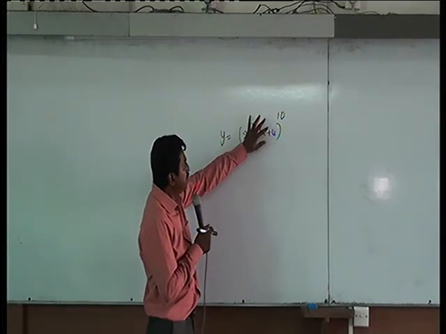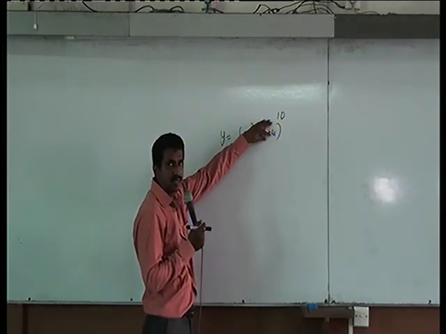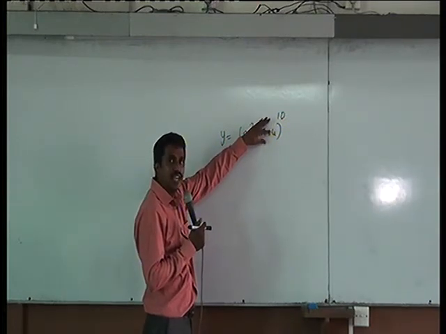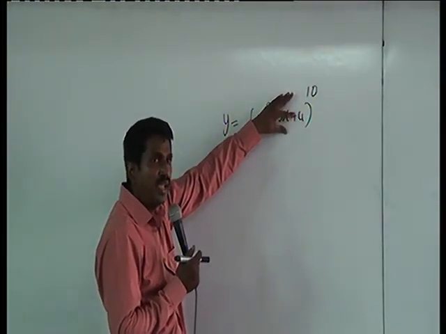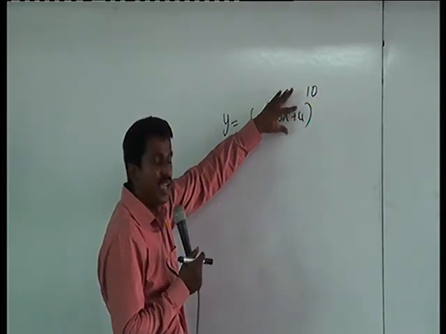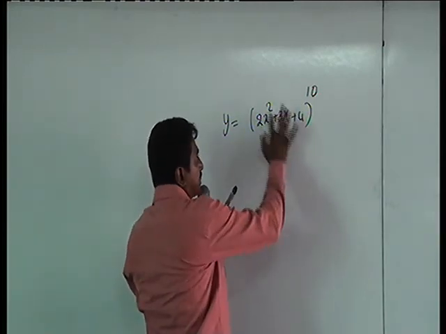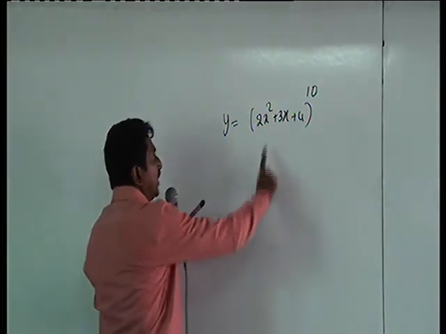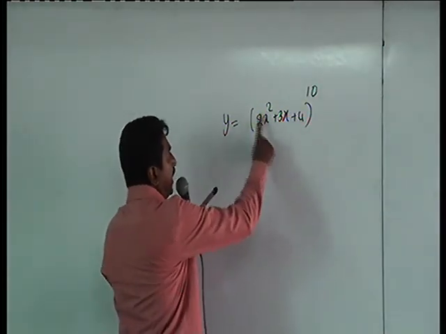Just for a moment, assume this is x, say capital X. If this is capital X, we apply the same formula, n x to the power n minus 1. So if this is x, this is just like y equals x to the power 10.